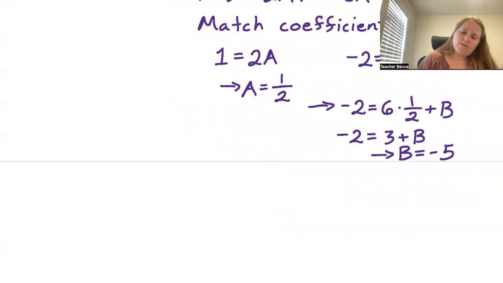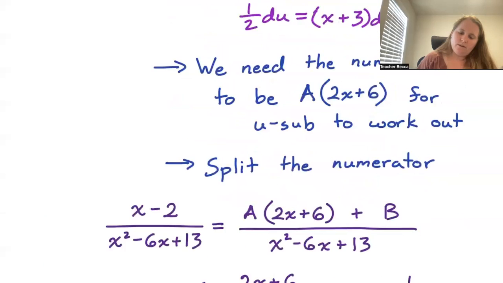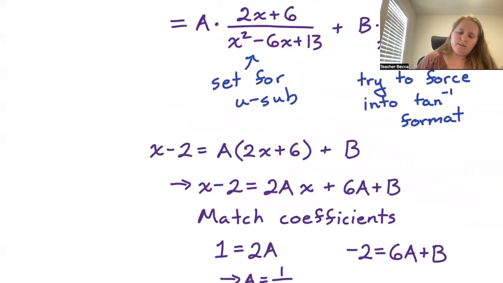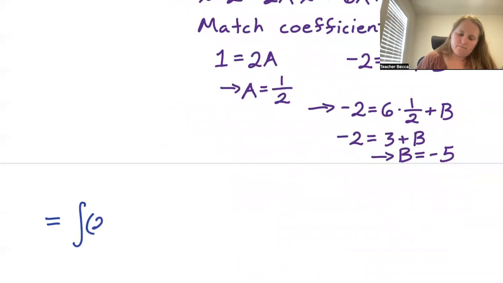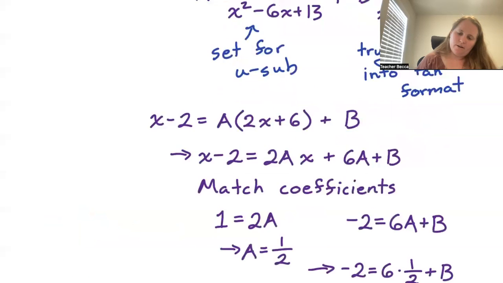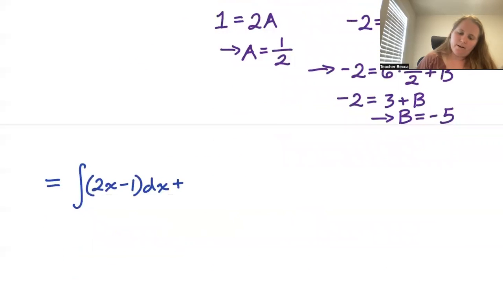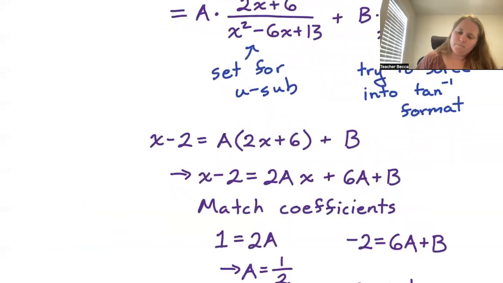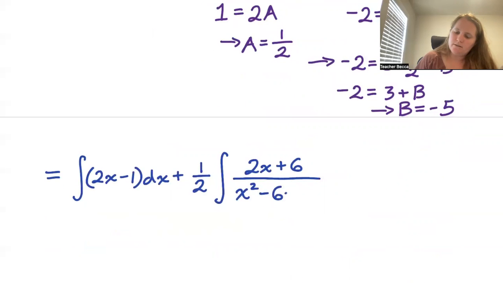So at this point, our integral is equal to the integral of 2x minus 1 dx, plus, since we just found a to be 1/2, 1/2 times the integral of 2x plus 6 over x squared plus 6x plus 13 dx.